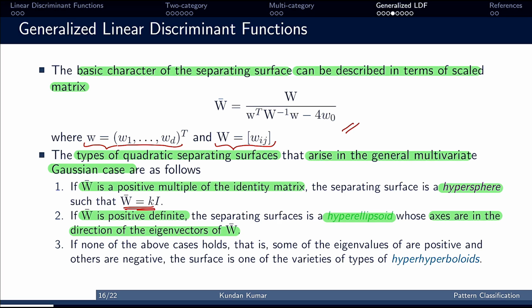And if neither of the above two cases holds, then some of the eigenvalues may be positive and some negative, and in that case the surface is one of the variety called hyperboloids.